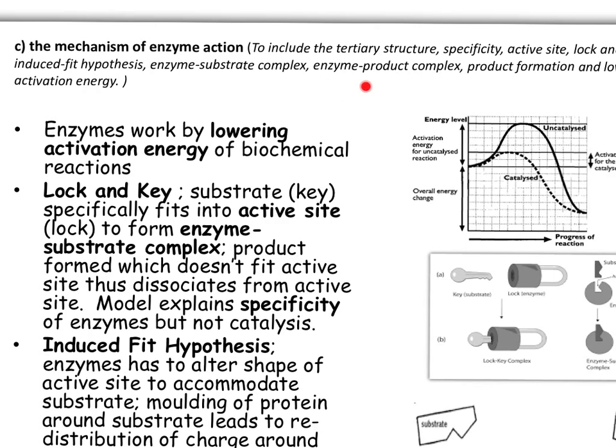And because the product isn't specific in shape to the enzyme anymore, the product then dissociates, is released from the active site. So you should understand what all those terms mean. And that concludes our first screencast on enzymes.